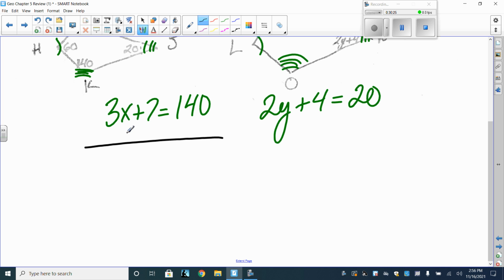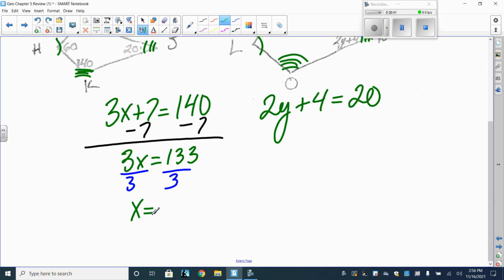So for this first one here, we can subtract 7 from both sides, which tells us that 3x is equal to 133. And at this point here, we can divide both sides by 3, telling us x is equal to 44 and 1/3, or 44.3 repeated.